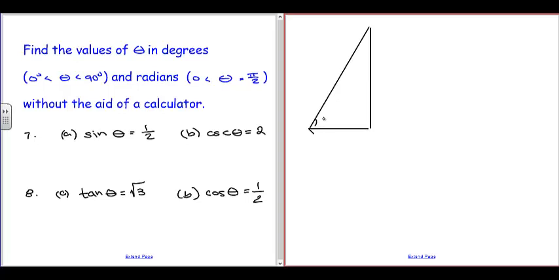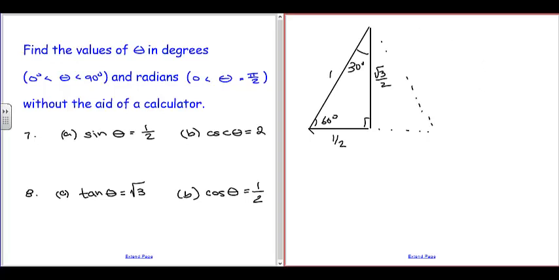So this is 60 degrees. The length of the hypotenuse was 1. If we started out with the equilateral triangle, this whole side was 1, so this side is 1/2. And using the Pythagorean theorem, this is the square root of 3 over 2. And this is 30 degrees. This is 90. So it's 30, 60, 90.